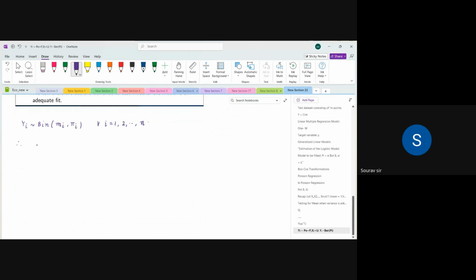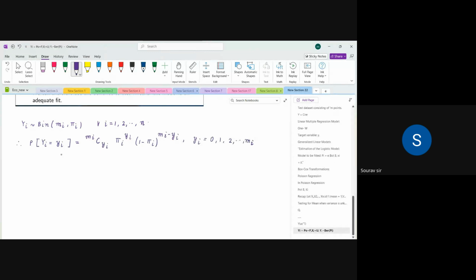That means the probability that yi is equal to small yi will be mi c yi pi i to the power yi, 1 minus pi i to the power mi minus yi, where your yi can take values from 0, 1, 2 all the way up till mi.